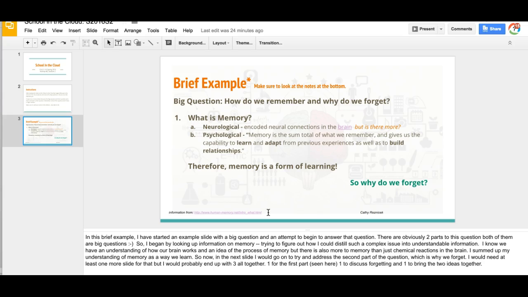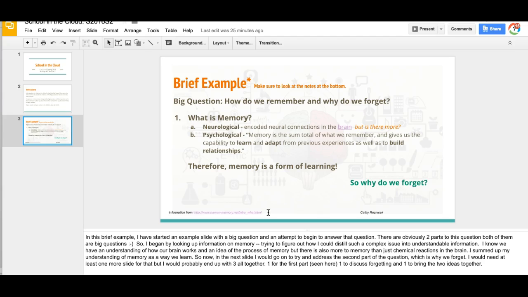And it talked about both the neurological and then kind of the psychological components of memory, so that it is neural connections in our brain, but it's also more. And memory really is a form of learning.